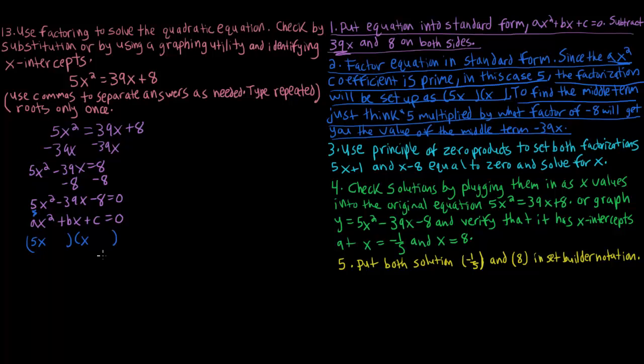And then it says to find the middle term, just think 5 multiplied by what factor of negative 8 will get you the value of the middle term, negative 39x. Well, there's a few different possibilities. There's actually 4 possibilities.